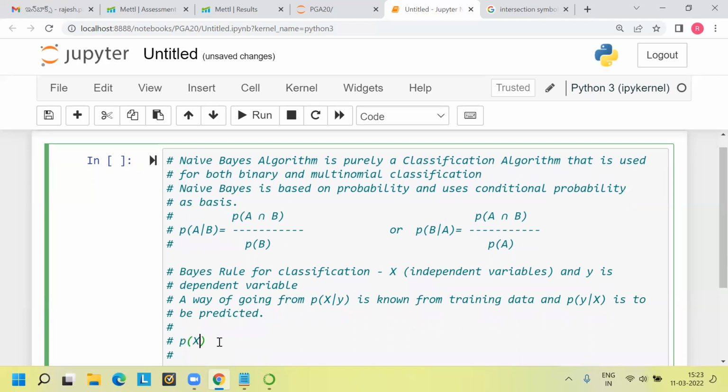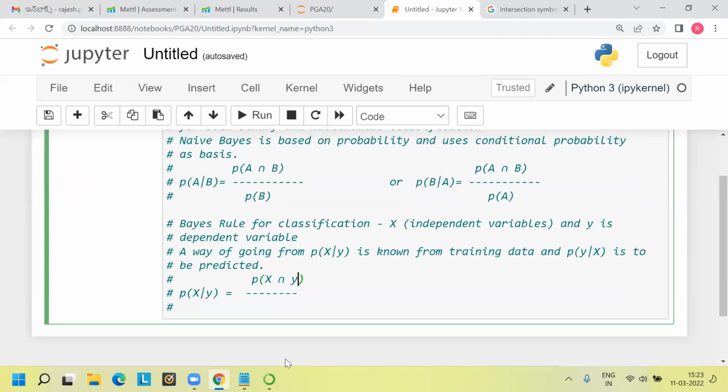The probability of x given y is equal to probability of x intersection y divided by probability of y. Now, what is this called?